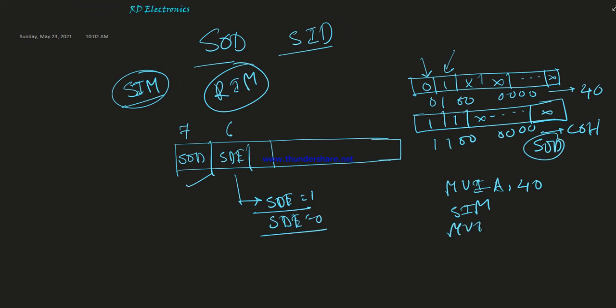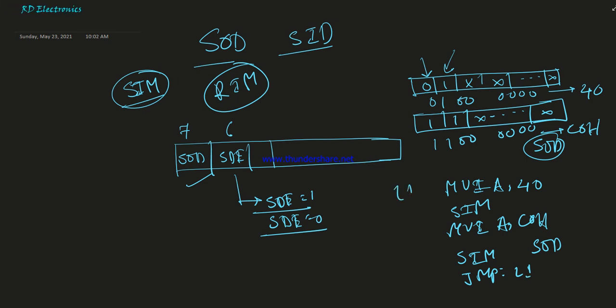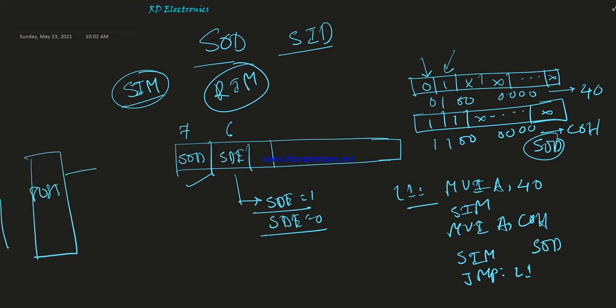Now again MVI A, C0H and execute the SIM instruction, then we get logic 1 from the SOD output, and jump again. So we see logic 0 and logic 1. If we consider this is an 8085 and this is the SOD line, then from this SOD line 0 1 0 1 0 1 data will be coming out.